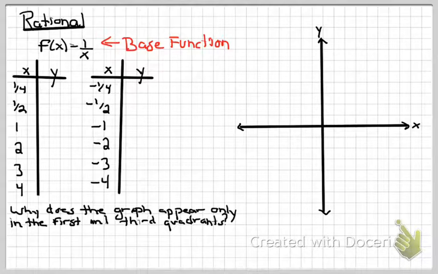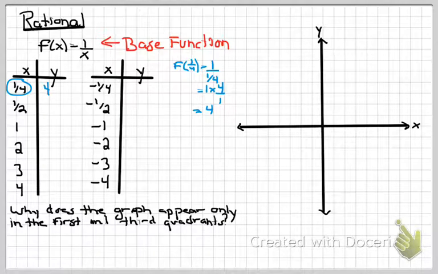So let's first look at when x is equal to a quarter. So when x is equal to a quarter, we have f of a quarter equals 1 divided by 1/4. We can rewrite this as 1 times 4 over 1, which would just be equal to 4.